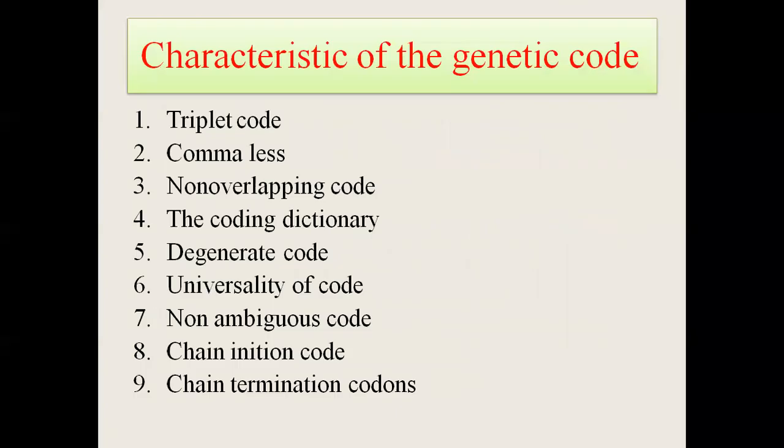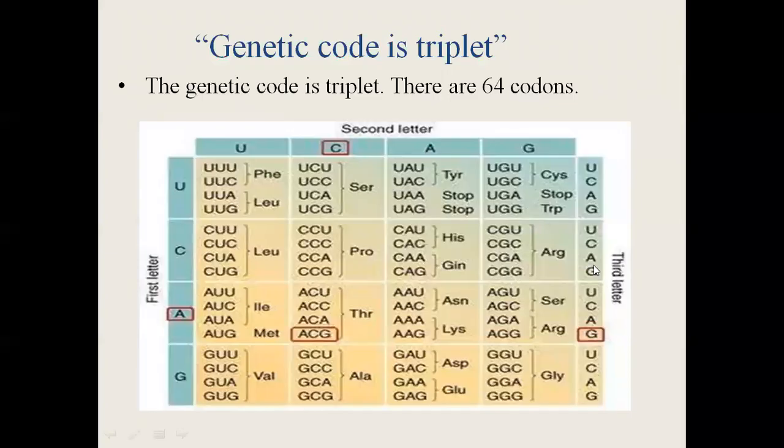So now these are very important characteristics of the genetic code. The characteristics of the genetic code are: it's a triplet code, comma-less, you cannot write a comma, non-overlapping code, the coding dictionary, degenerate code, universality of the code, non-ambiguous code, chain initiation code, chain termination code. These are the things already discussed.